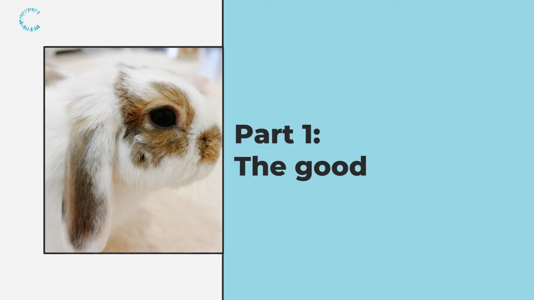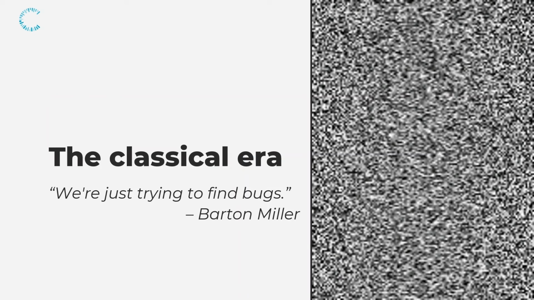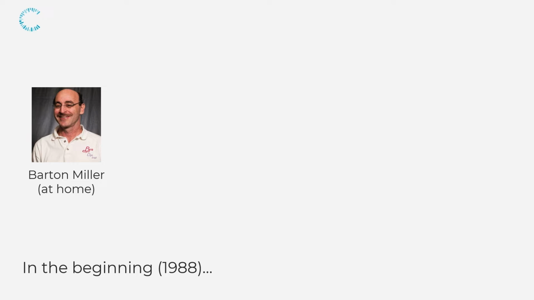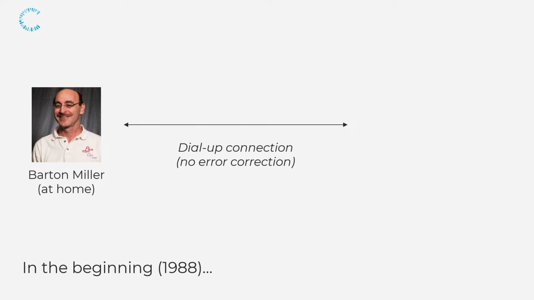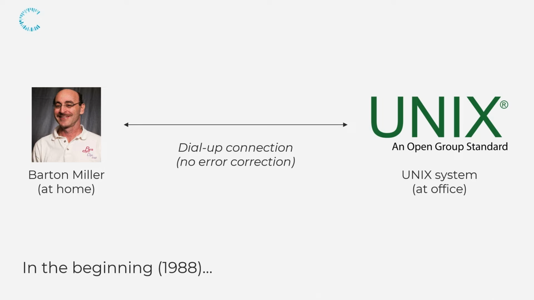To start with a little history, let's begin with the classical era, which is pipe dev view random, as I like to describe it, where we start out with our protagonist, Dr. Barton Miller, who is sitting in his home, connecting out to his office, where he's trying to interface with a terminal over a dial-up connection, pre-error correction codes.